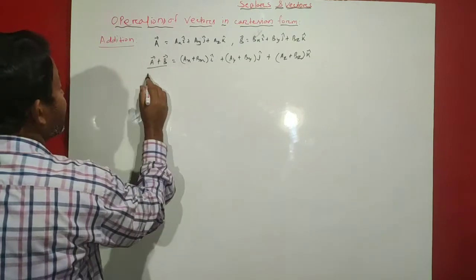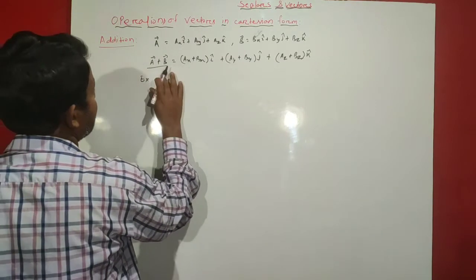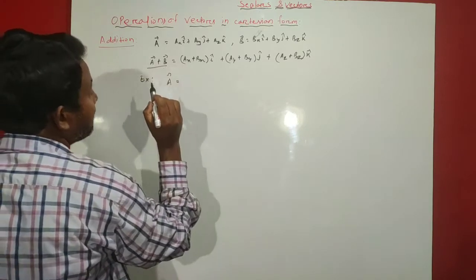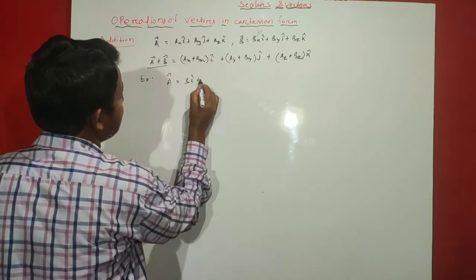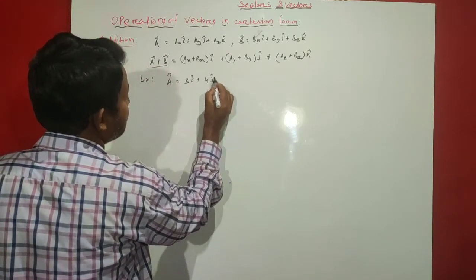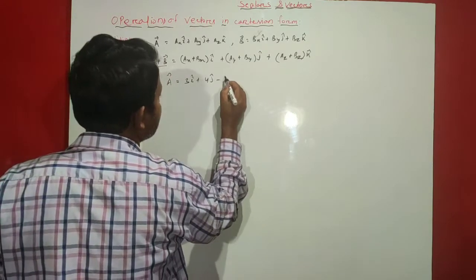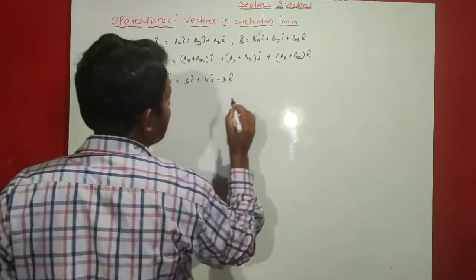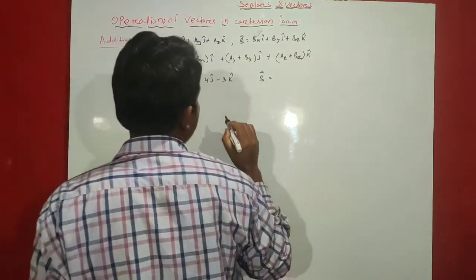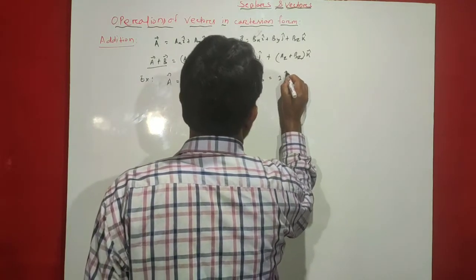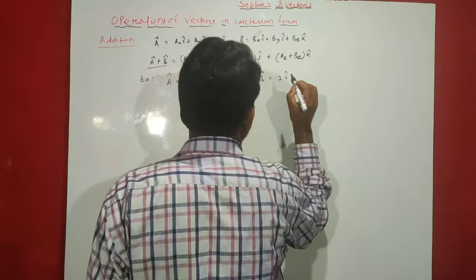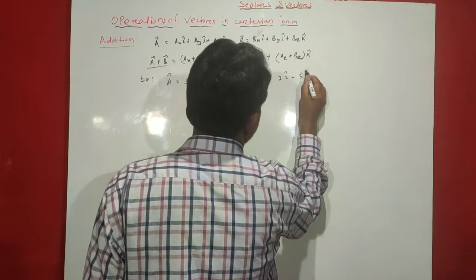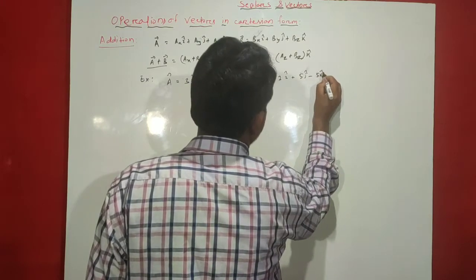Next, take an example. Let a is equal to 3 i cap plus 4 j cap minus 3 k cap, and b is equal to 2 i cap plus 5 j cap and 5 k cap.